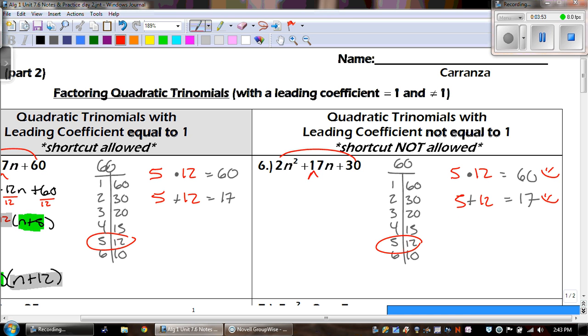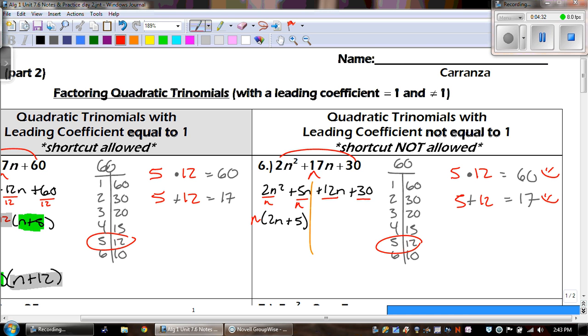But now when we split the middle term, watch what happens. We have 2n squared plus 5n plus 12n plus 30. Not 17, that's supposed to be 12. I'm sorry, guys. Thankfully, I caught it right away. All right, let's split it down the middle. The GCF of the front is n, so n comes out, and we're left with 2n plus 5.